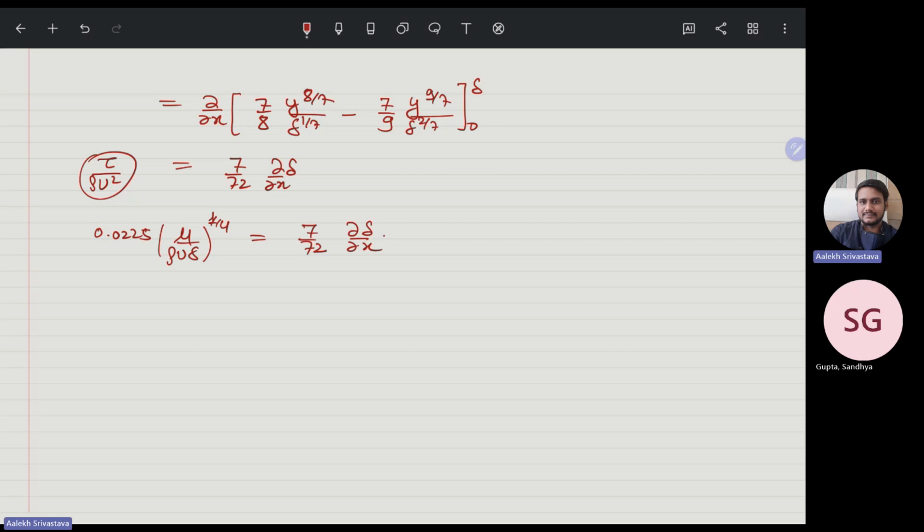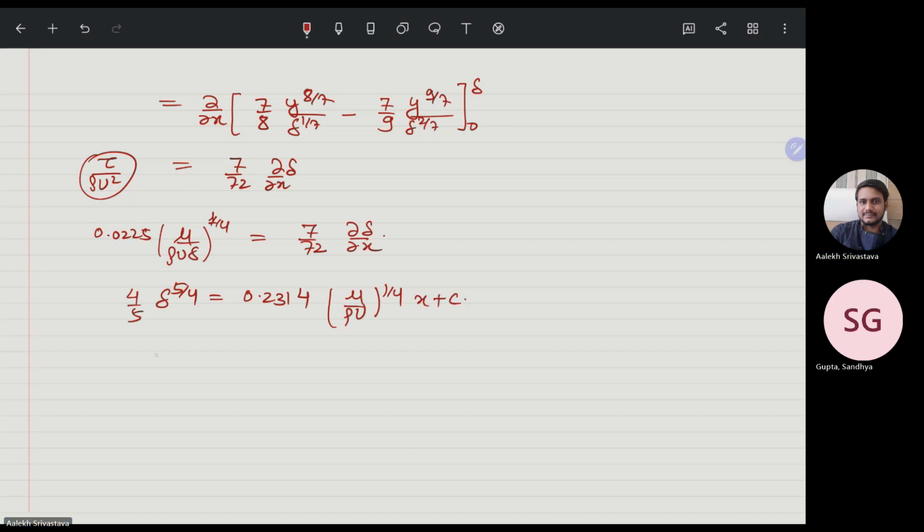Now you can substitute this term and you will get the delta expression. If I substitute the left hand side and right hand side, you will get 4 by 5 delta raised to the power 5 by 4 is equal to 0.2314 mu by rho u raised to 1 by 4 x plus c.